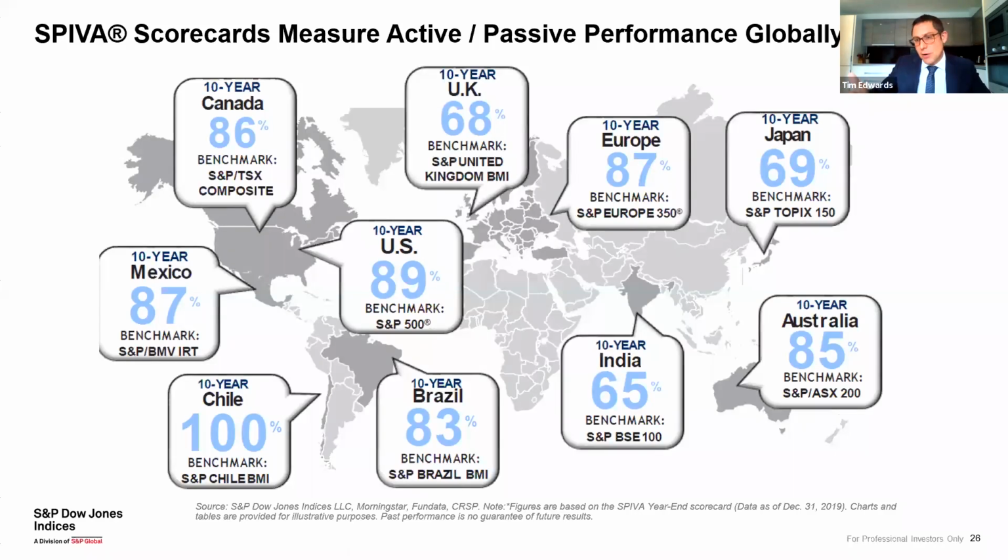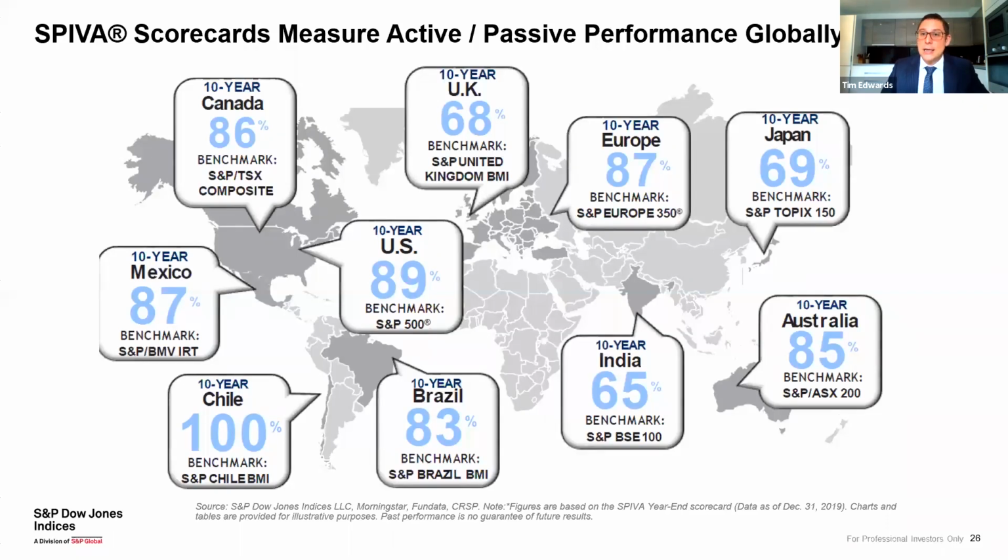And you can see the benchmark here as well for each of those geographies. And what you'll generally see is that in larger, more developed markets like the US and Europe, over the long term, like a 10-year time horizon, it seems to be very hard for active to outperform.